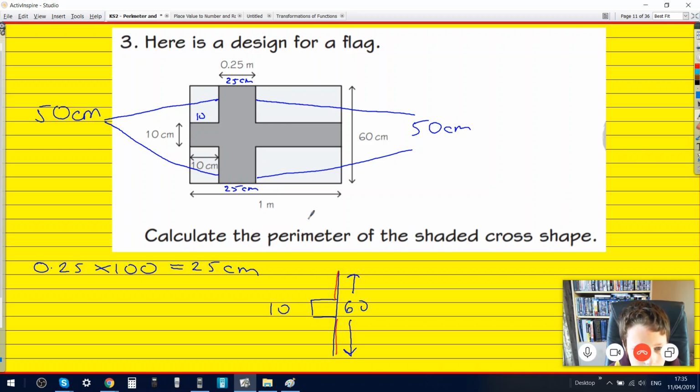And let's say going across, what do we know about the lengths across? Well, we know that the shortest side is a 10, and it's 25 centimeters long. So this part is 25 centimeters. Total is 100 centimeters.